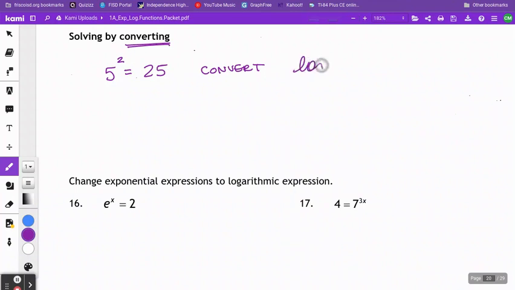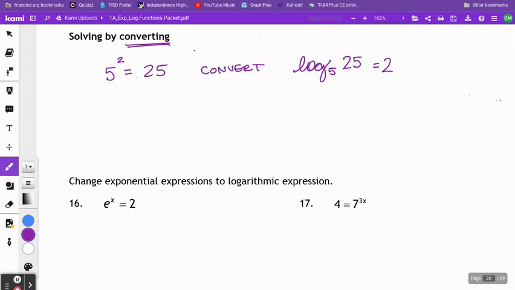So we write log for log. The base of the log is the base of the exponent. The exponent, since it's 5 squared, the exponent goes on the other side of the equal sign. And then whatever it's equal to belongs over here next to the log.